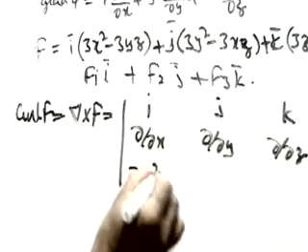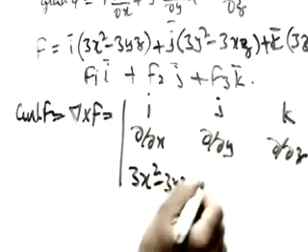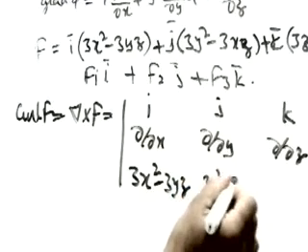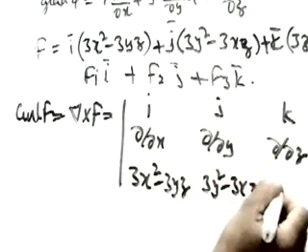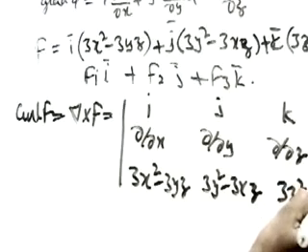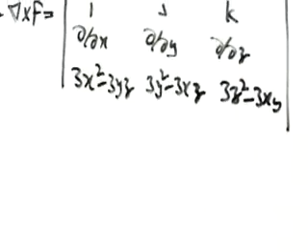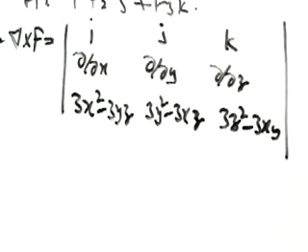Now lastly here F1. F1 is 3x square minus 3yz. Here 3y square minus 3xz, 3z square minus 3xy. So we have to solve this one. Now we have to expand this determinant.